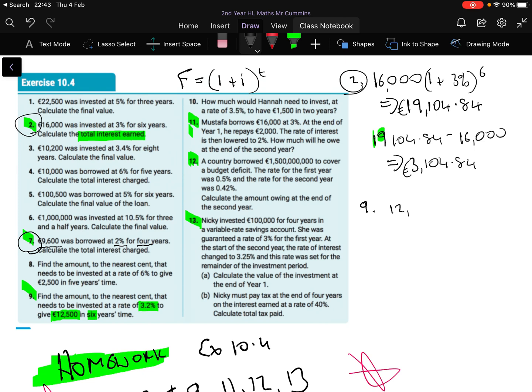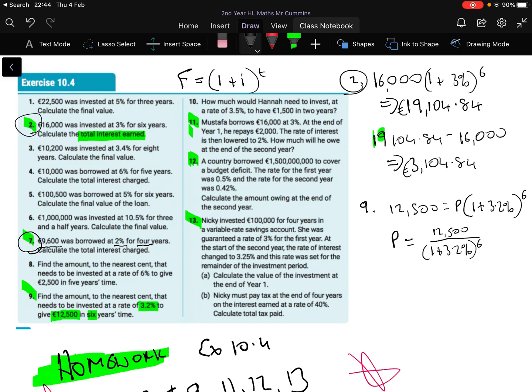So they've given us 12,500, which is equal to P times 1 plus 3.2%, to the power of 6 years. We can put that straight into our calculator if we want to find P. But from an algebra point of view, P is equal to 12,500 over the whole thing, 1 plus 3.2% to the power of 6.